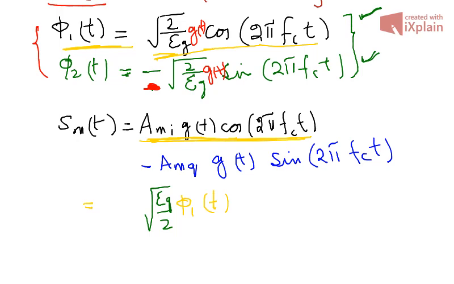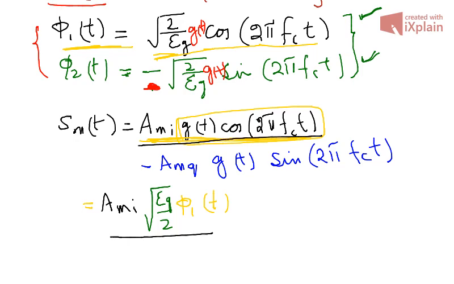I will be left with g of t cos of 2 pi fct, which is actually present in Sm of t. So I just need to write AMI here. Now this part is the same as this one.